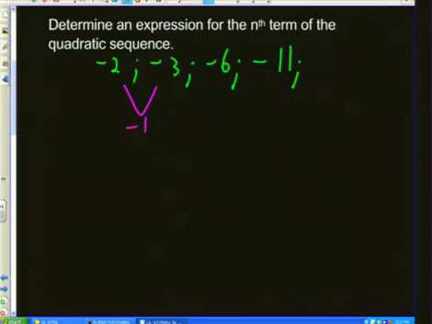Next, -6 minus -3 means -6 plus 3, because a negative times a negative gives us a positive, so we get -3. Next, -11 minus -6 is -11 plus 6, which gives us -5.